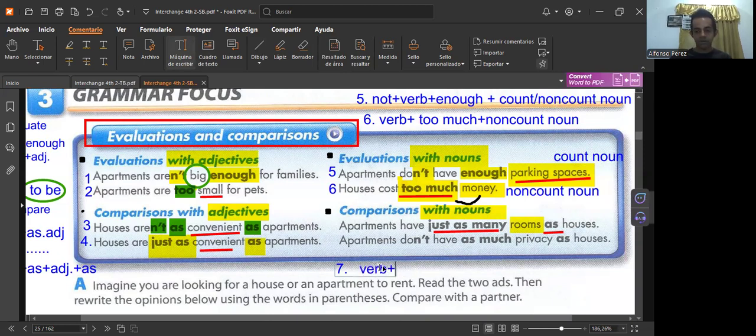We need a verb here. We have just as many plus a count noun, plus as, plus a noun.